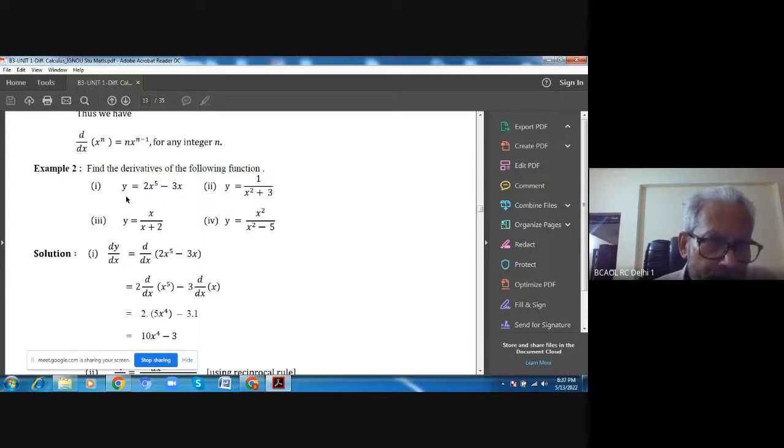So because this side is y, we have dy, and this is x. So you can write dy/dx into y, or dy by dx, is equal to, and the right hand side also you have to differentiate. Here we put the symbol dy/dx. Okay.